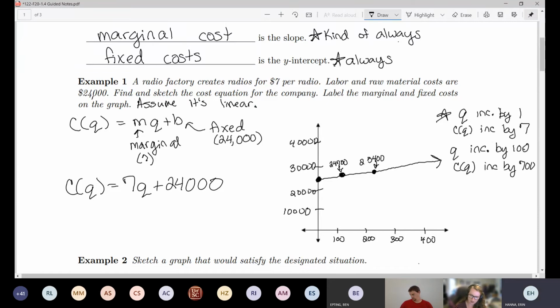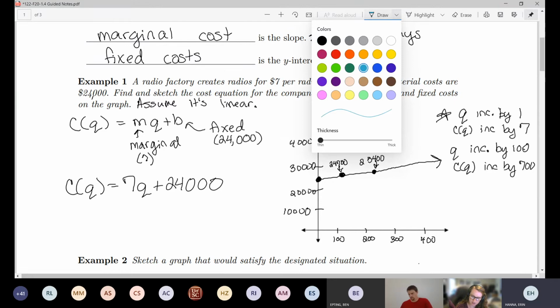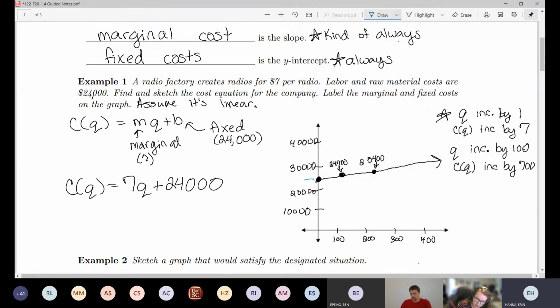We were asked to label the marginal and fixed costs. Let me do that in a different color so that it pops. This right here was our fixed cost. Our marginal cost is going to pop in this way, bringing in our little slope triangles here.